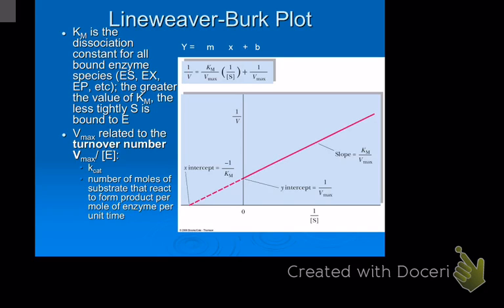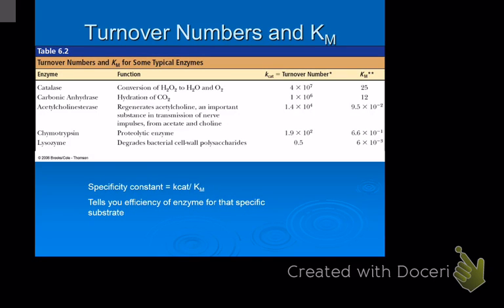Instead, for catalytic efficiency, that's the kcat over Km, or Vmax over Km, depending upon whether or not you know enzyme concentration. Okay, so this is just an example showing what some of the Kms and kcats are. And the specificity constant technically is a second order rate constant, but it tells you how efficient that enzyme is for that specific substrate.